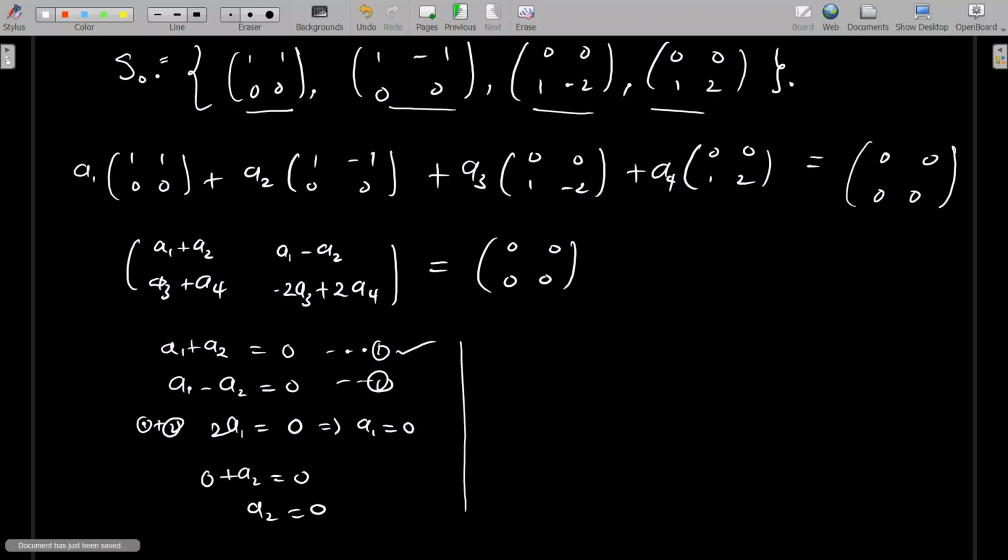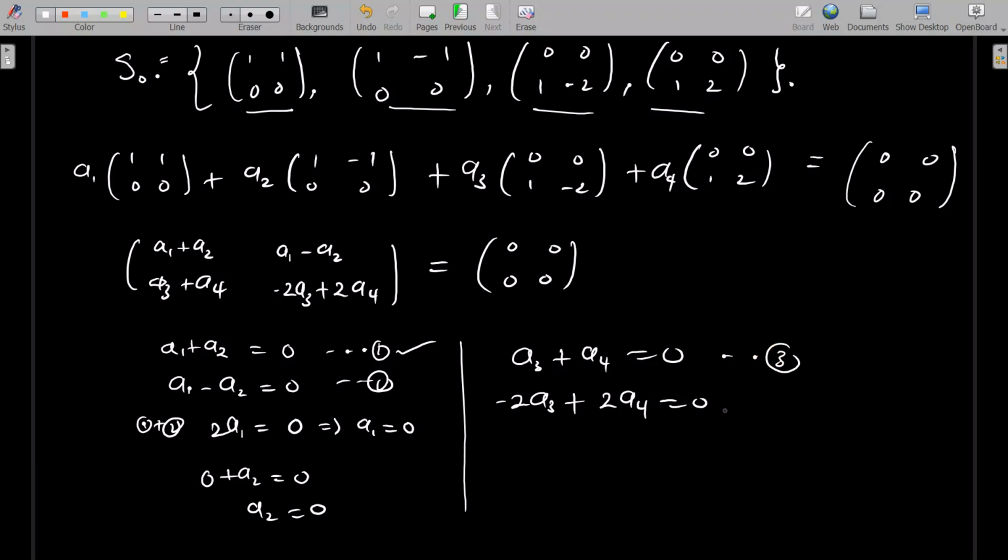Right? And now, if you look at the last two entries here, you can do the same thing. a3 plus a4 should be equal to 0, and negative 2a3 plus 2a4 should be 0. You can call the first one equation 3. And in the last equation, you can actually divide through by 2, and you will have negative a3 plus a4 equal to 0, and that is equation 4.